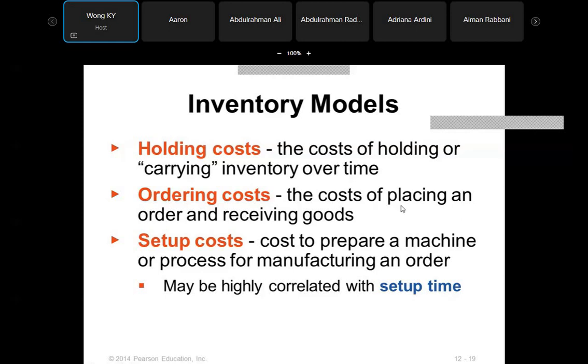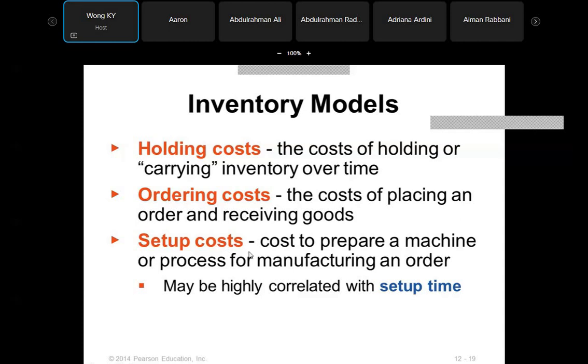Or the cost of the paperwork. For example, to place an order, we have to issue an invoice, and then later we get the receipt. So the paperwork cost is also part of ordering cost. In fact, the transportation cost is also part of ordering cost.